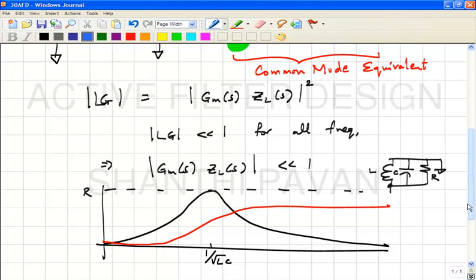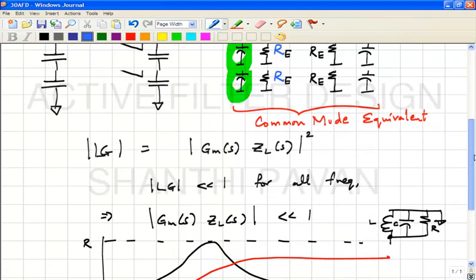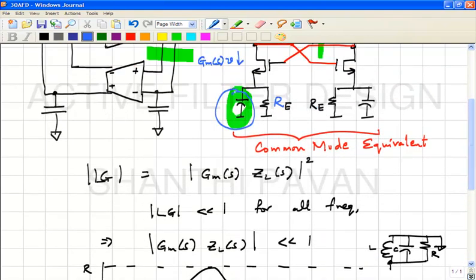Okay, let us consider two cases. If CE tends to 0, or if the parasitic capacitance across the resistor becomes very, very small, what do you think happens?